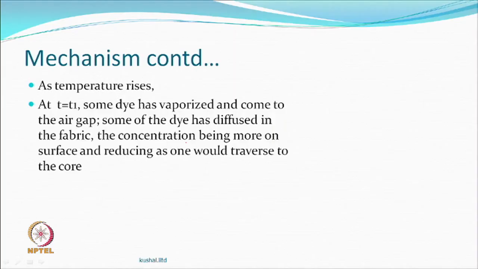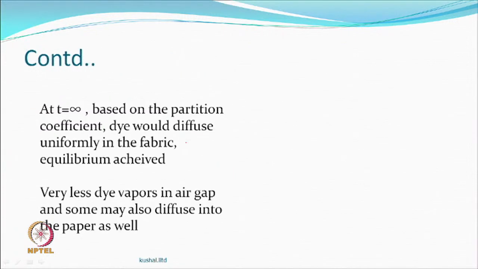So, at t equal to infinity, what happens? At t equal to infinity, it is based on the partition coefficient. Now, all the affinity forces would be working; the molecular size and the temperature will also be working.